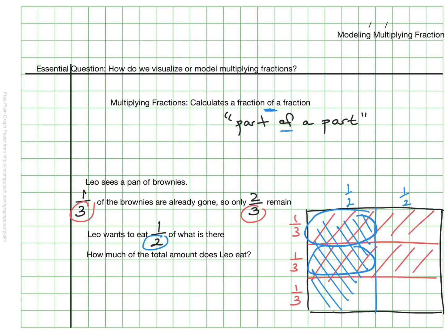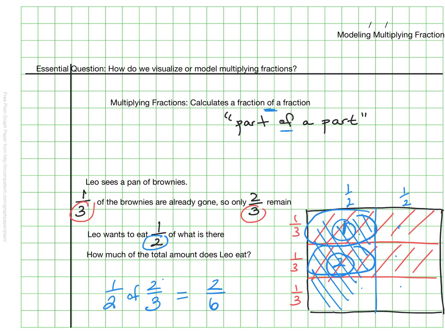So Leo's going to eat 2 sections out of 1, 2, 3, 4, 5, 6. Leo's going to eat 2/6 of the brownies. So what I know now is that 1/2 of 2/3 is 2 out of 6.